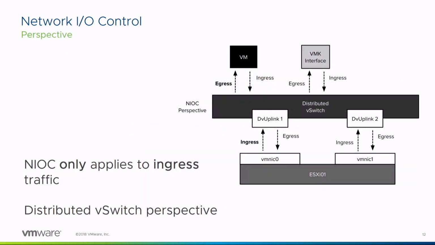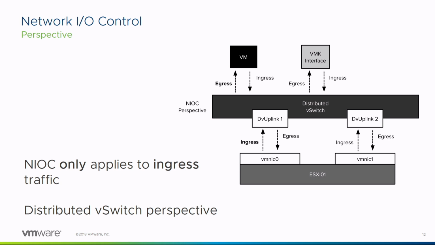So the thing with network I/O control, and this comes into play when you talk about limits, is that it's all about perspective. And it's good to know that network I/O control is only enforced on ingress traffic. And that's from a distributed vSwitch perspective.